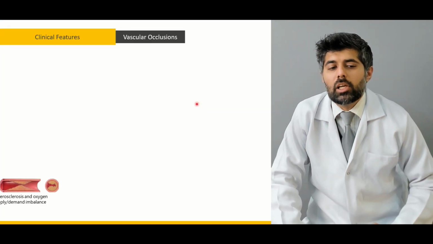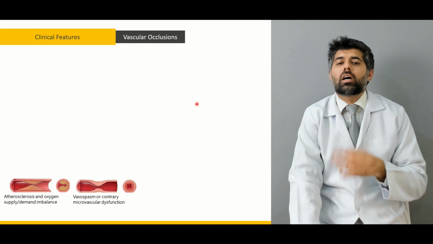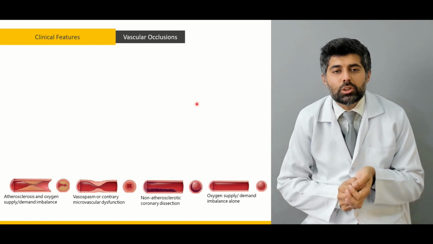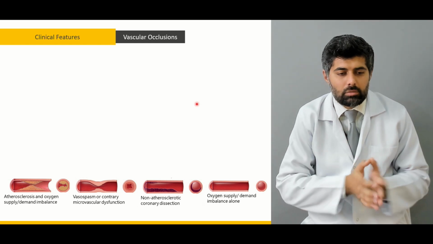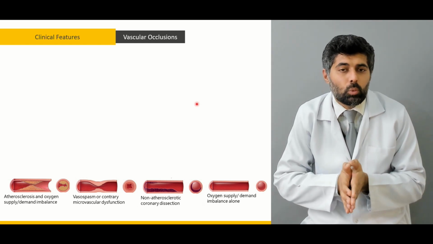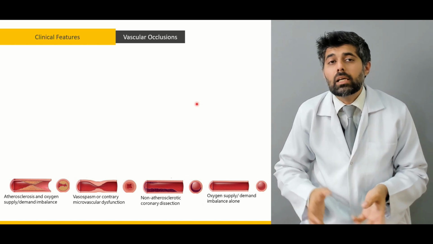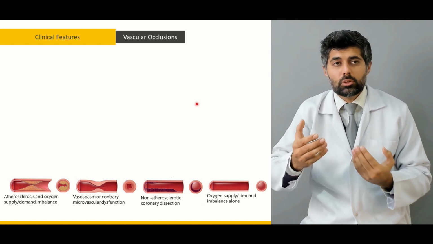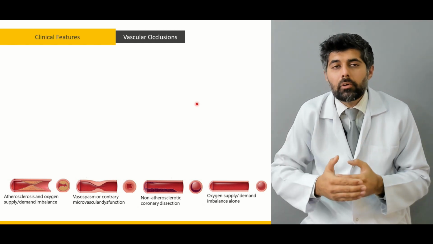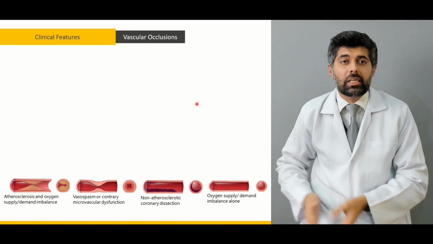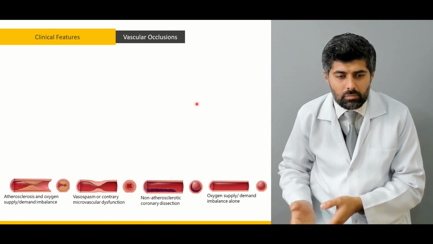The next clinical feature that we're going to discuss is vascular occlusions. Now, vascular occlusions are either, the most common one being, atherosclerosis, where an atherosclerotic plaque starts to narrow the artery, resulting in its stenosis and then ultimately ischemia.